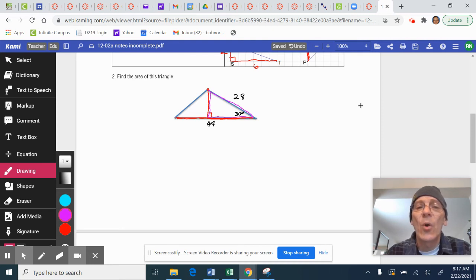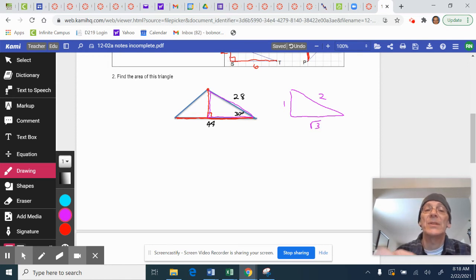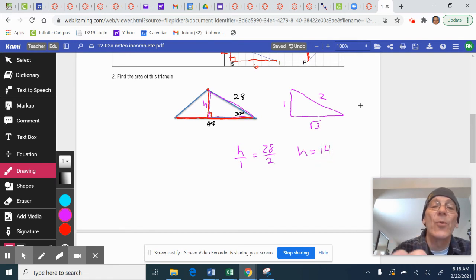And we know one side of that 30, 60, 90, it's 28 units long. And we know that all 30, 60, 90s are similar to this 30, 60, 90. So if I want to find that height, I can do h over 1 equals 28 over 2 and find out that h is equal to 14.